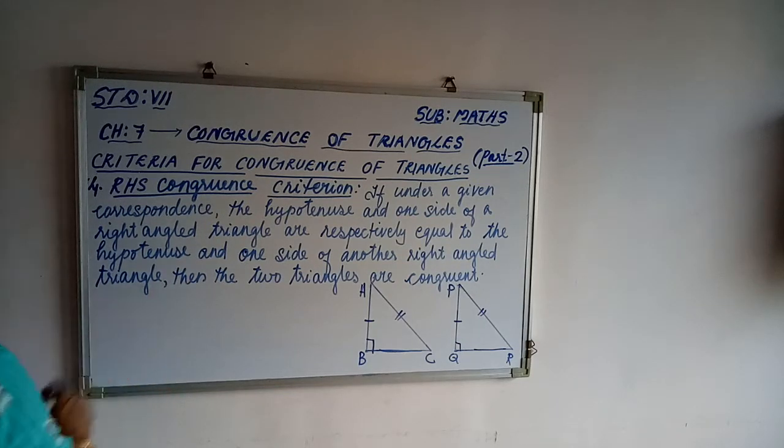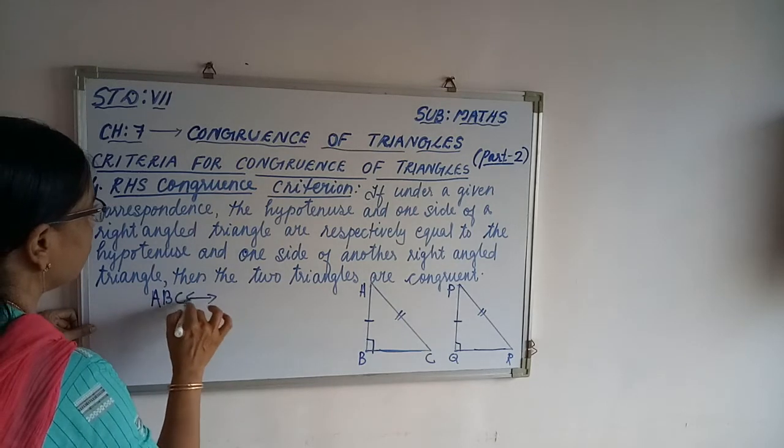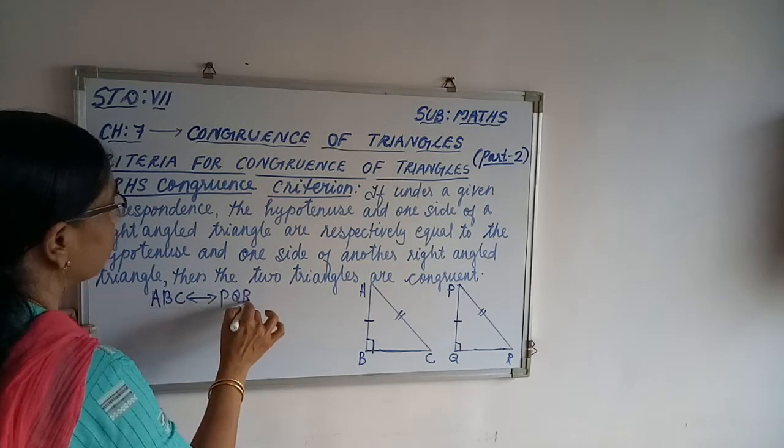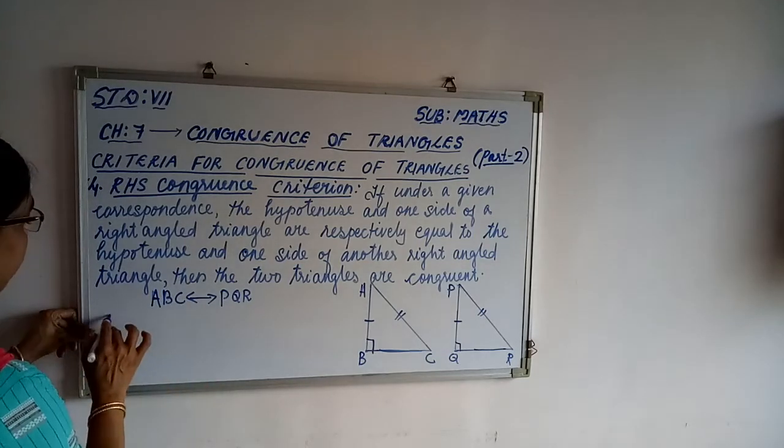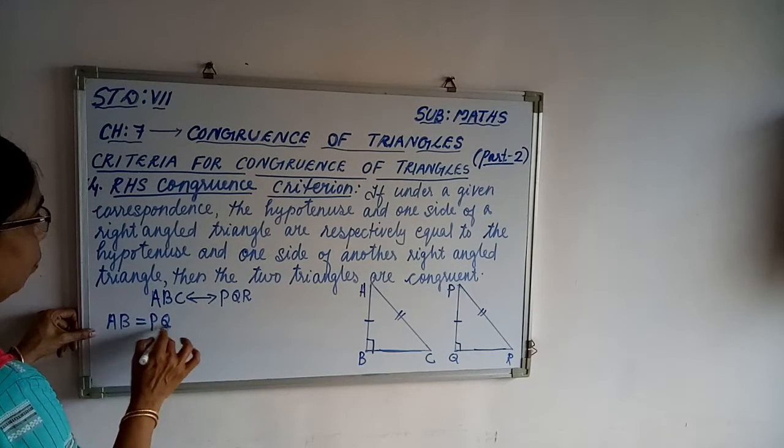So here the correspondence is ABC corresponds to PQR. Then side AB is equal to side PQ.